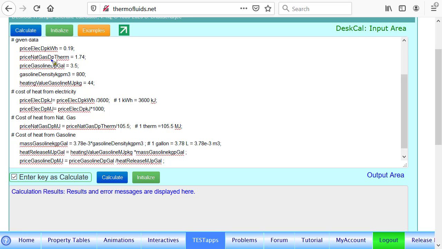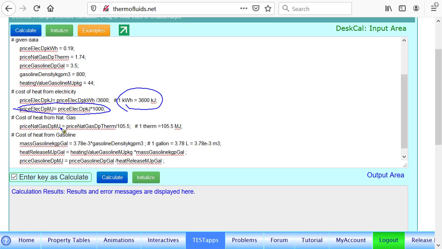So let's first go through part A. That's the simplest. We already know the price of electricity in dollar per kilowatt hour, and we have just seen that 1 kilowatt hour is 3600 kilojoules. So dividing by that gives dollar per kilojoule, and of course dollar per million joule will be 1000 times that. As soon as you hit the calculate button, we should get the price of electricity in dollar per million joule.